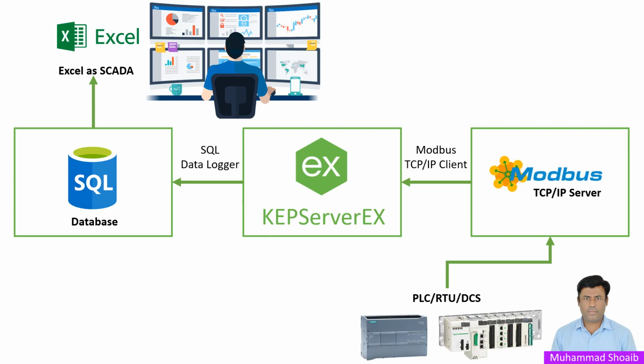After successful configuration of the Modbus TCP client inside the Kepware server, in the second step we will configure the Kepware server datalogger, integrate Kepware server and SQL database with each other, and verify whether our Modbus TCP data is successfully stored inside the SQL database or not. And in the third and last step, we'll configure Microsoft Excel to fetch data from the SQL database. So let's see practically.